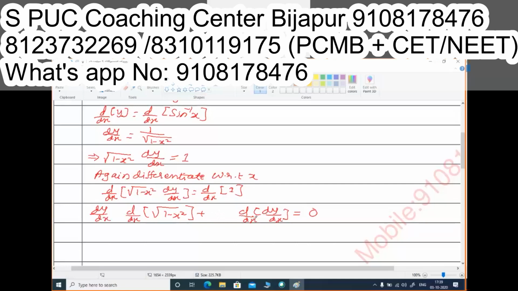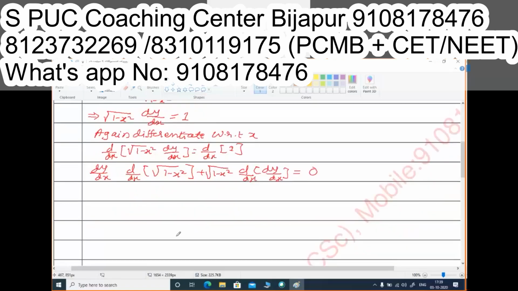You have under root of 1 minus x square. Differentiate this and tell me what is going to come out. dy by dx into 1 by 2 root of 1 minus x square, into minus 2x, the differentiation of 1 minus x square, that is 0 minus 2x.